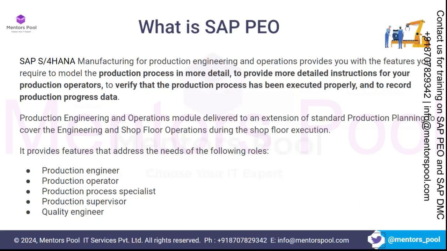You play around with BOMs, you create your BOMs, you design your BOM. Basically, BOM would be the bill of material. And then you jump into the operations, wherein you work with the routing, and then you also work on the production with your order creations. So this is what PEO does, and it is targeting the complete end-to-end process of the manufacturing industry.